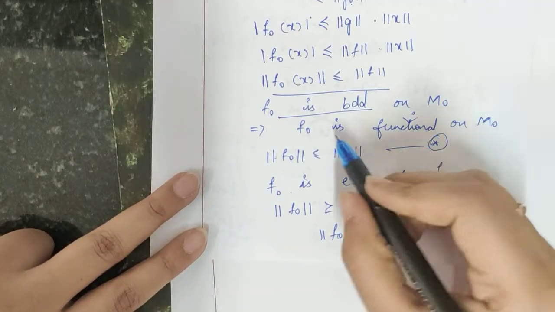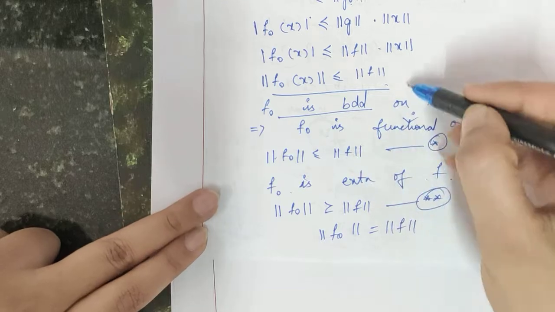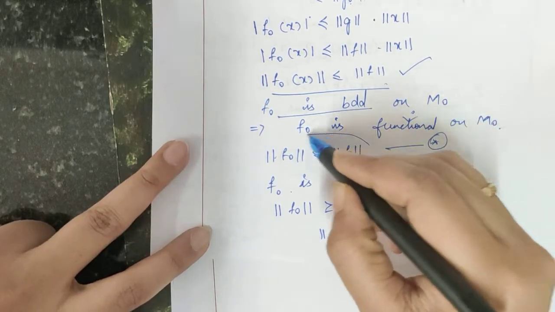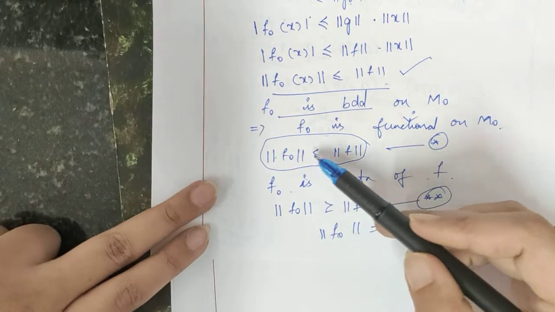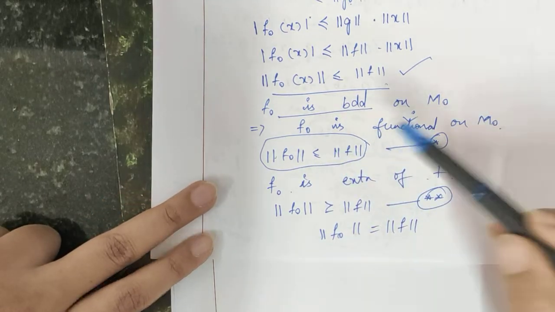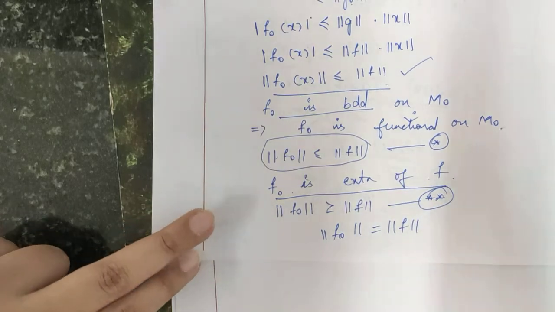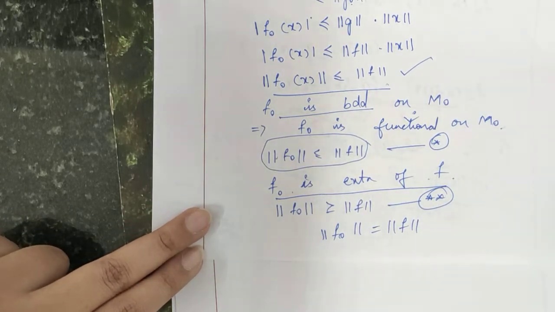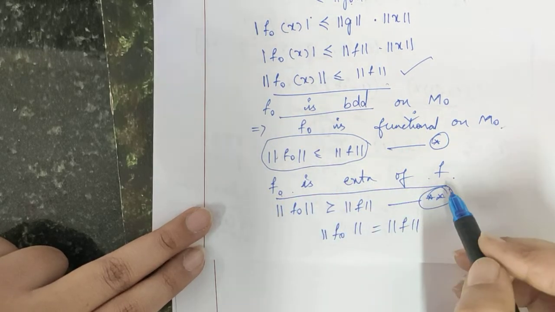Using this property I can say that f naught is a functional on m naught. From this we can write your star inequality: norm f naught is less than or equal to norm f. From case 1, which we have discussed in real normed linear space, we can say that f naught is an extension of f.